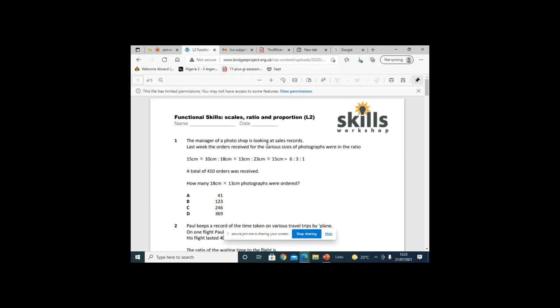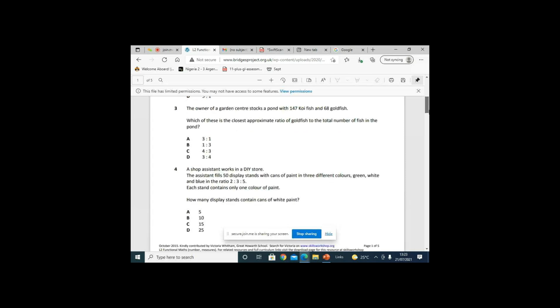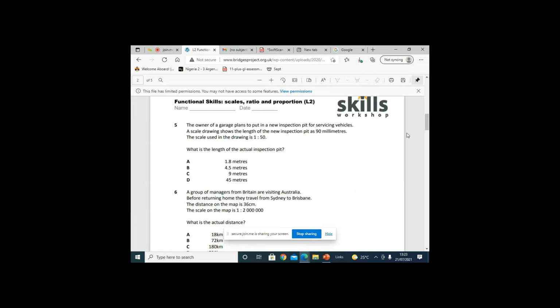Again. So let's look at some questions there. Look at this one. The owner of the garage plans to put a new inspection pit for servicing vehicles.